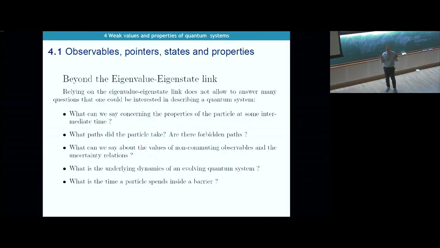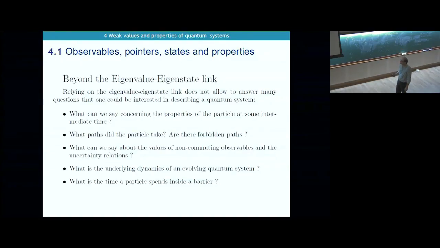You can say, in my opinion, only the eigenvalue-eigenstate link allows me to define properties of a quantum system, and anything else is not a property, right? And then in that case, first of all, you won't be able to answer these questions, and second, you have to explain what the weak pointer motions mean, which is what actually most people do.